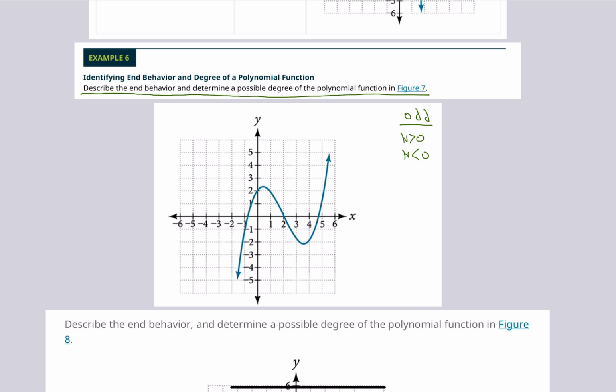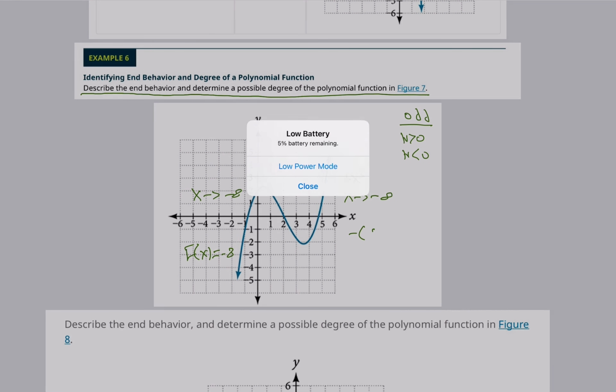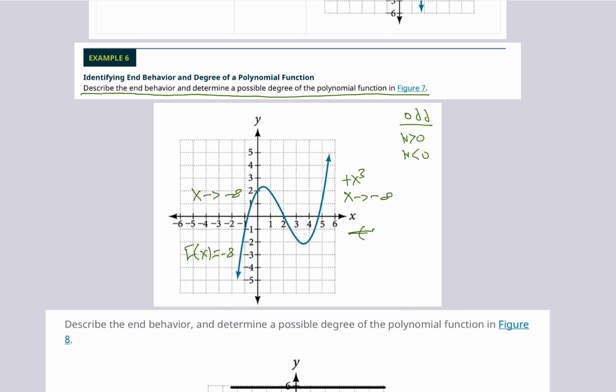It's going to be odd. Let's just determine whether k is positive or negative. Let's say positive x cubed, as x tends to negative infinity. Will I get f(x) equal to negative infinity? Let's see. Well, negative infinity cubed is in fact equal to negative infinity multiplied by negative infinity multiplied by negative infinity, right?